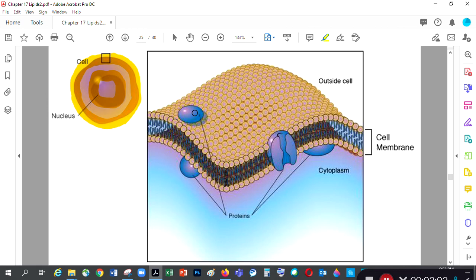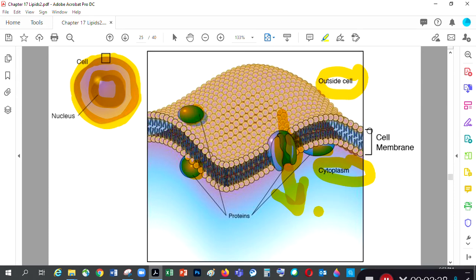And those proteins here, you can see this is a protein, this is another protein. Those allow ions or molecules to go in from outside the cell. And this is cytoplasm, which is inside the cell, correct?